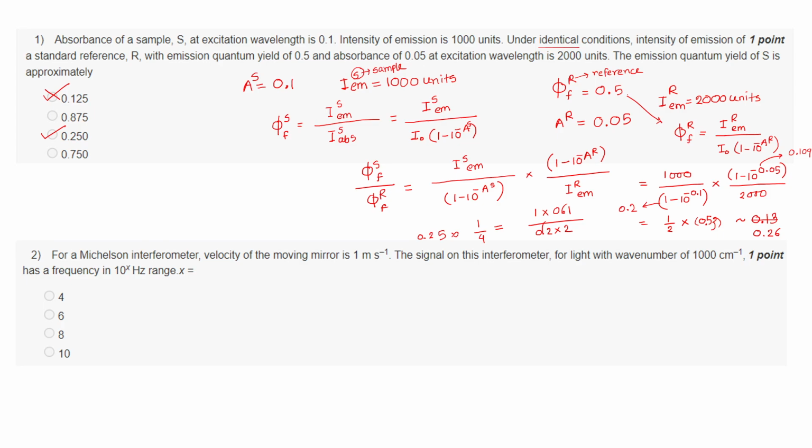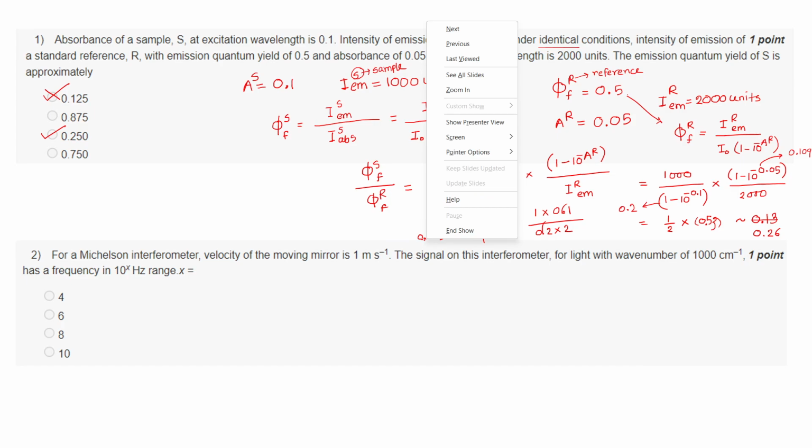Okay, the answer given is 0.125. I think the answer given is wrong. But when you solved it, how much did you get? Do you remember? Yeah, just a minute. Okay.